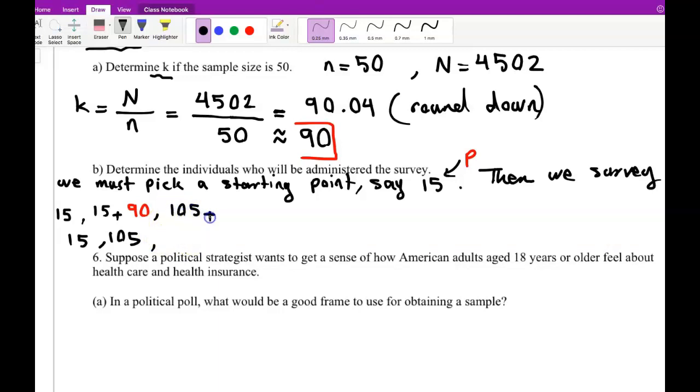Now 105 plus 90. So the third one is 195. Again, plus 90. So the number that we have here is 285.